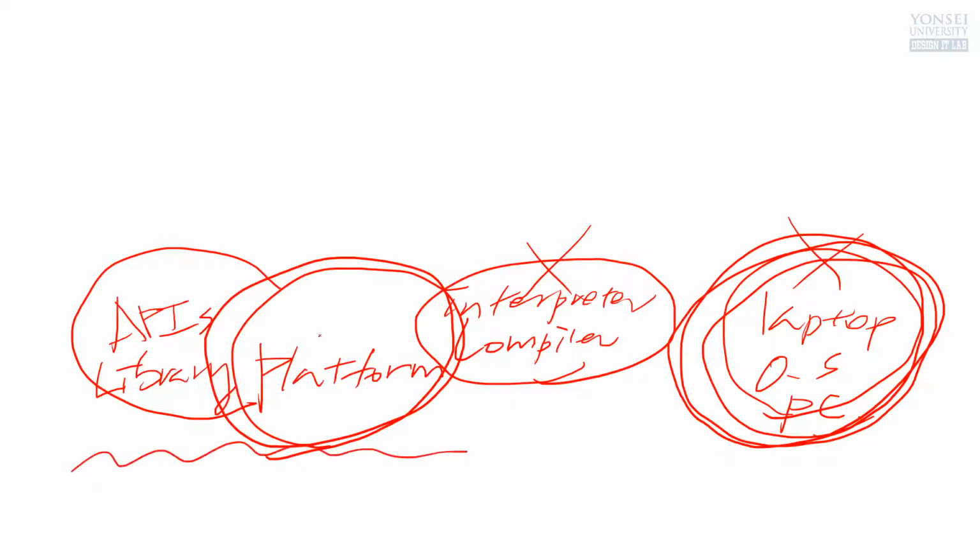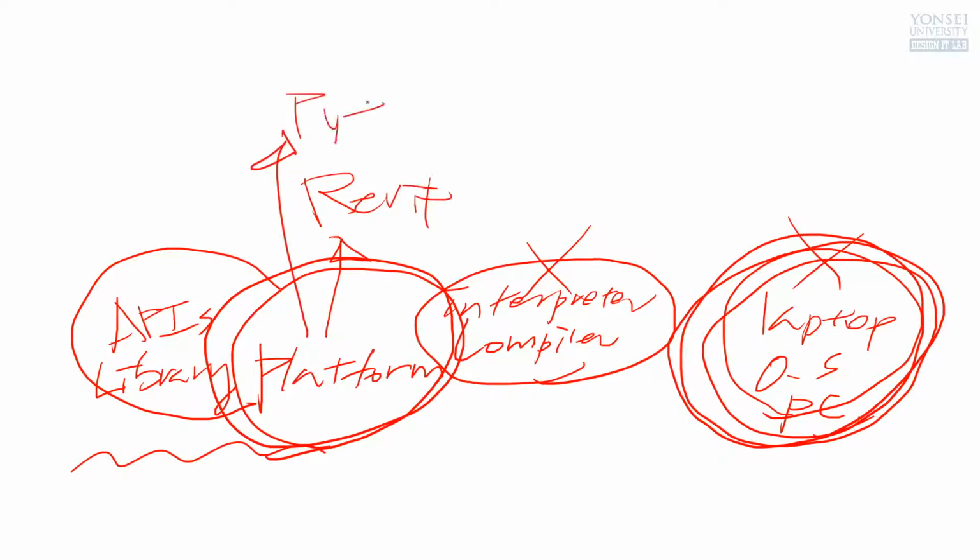What's an example of this platform? Sometimes this can be Rabbit, or sometimes this can be a Python environment. What is an API? What is a library?